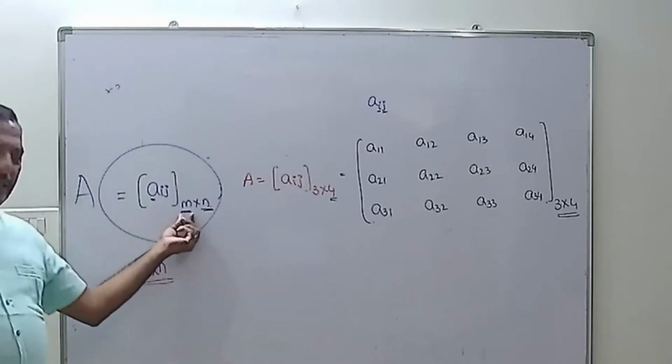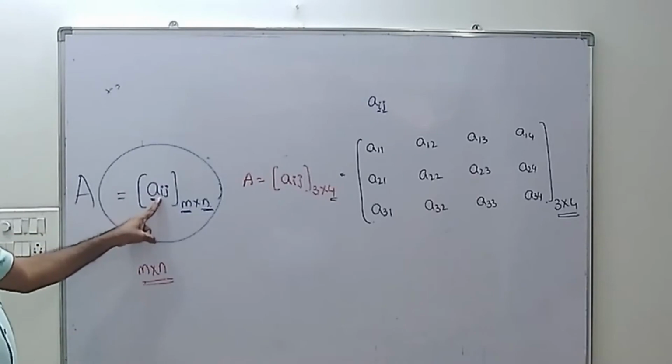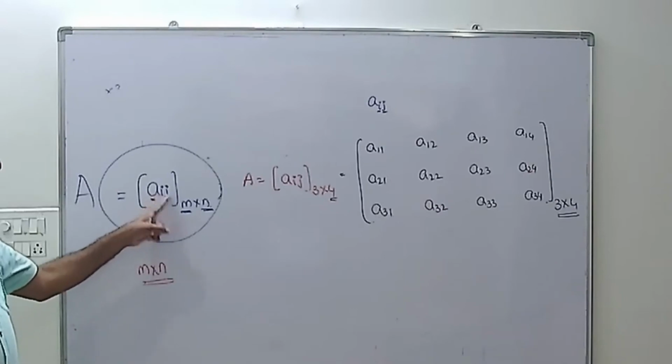The matrix contains M rows and N columns, and the element Aij belongs to ith row and jth column. Aij ఎక్కడ ఉంటుంది? Ith row, jth column.